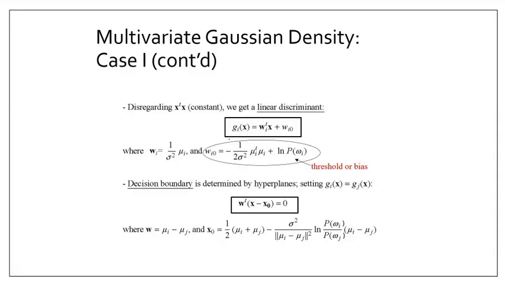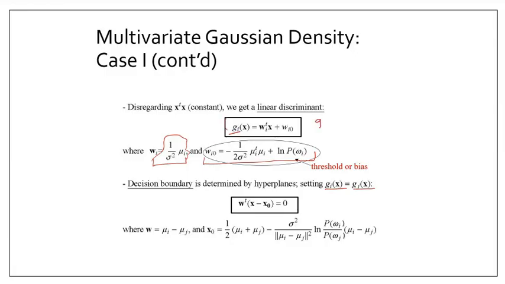g_i(x) is equal to w_i transpose x plus w_i0, where w_i is this thing and w_i0 is this quantity. So this is the threshold or bias, and this is the slope of the line, or plane. Now the decision boundary is determined by the hyperplane setting g_i(x) equal to g_j(x).